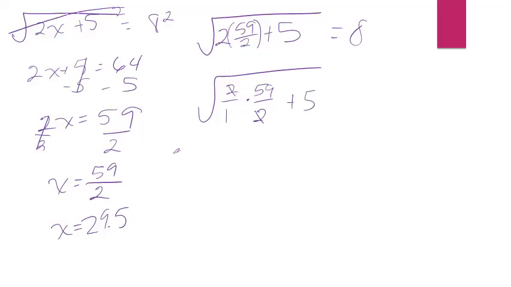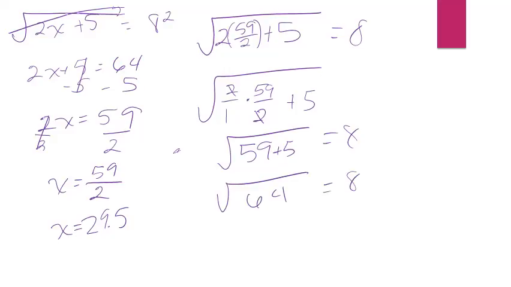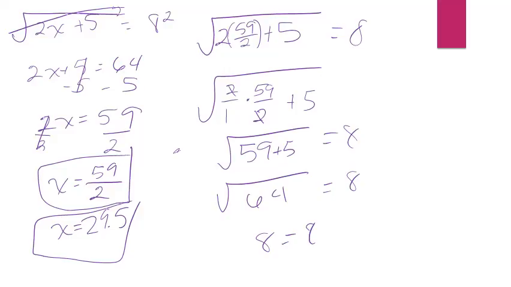We can reduce this, so it turns into 59 plus 5, which equals 64. The square root of 64 is 8. So this solution is the correct solution, or like I said, you can use the decimal also. It doesn't matter either way.